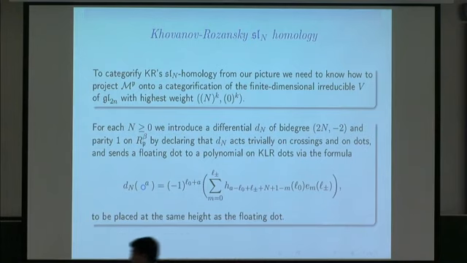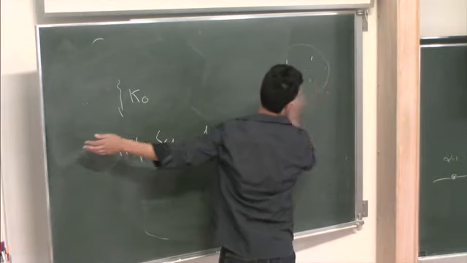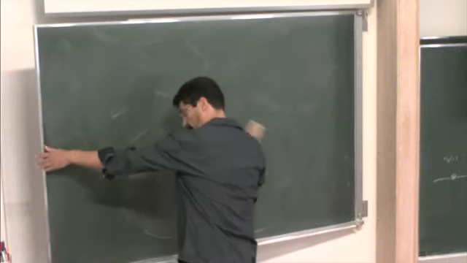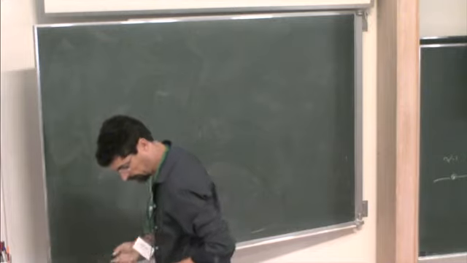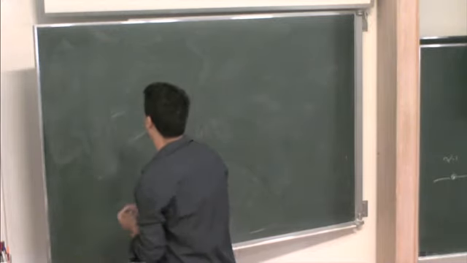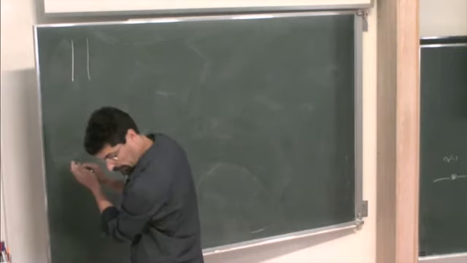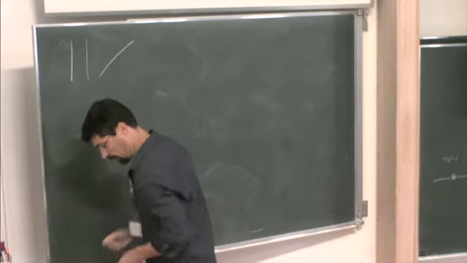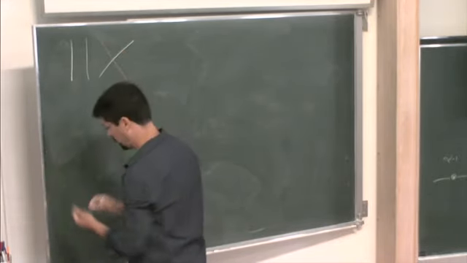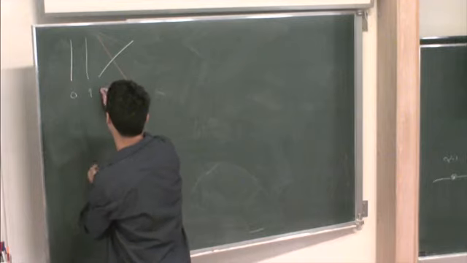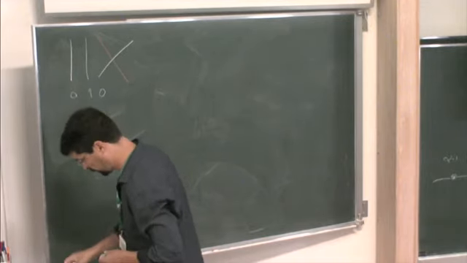Just to give a small, short example. If you have this diagram, so this is label 0, this is label 1, 0, and some, I don't know, 5.